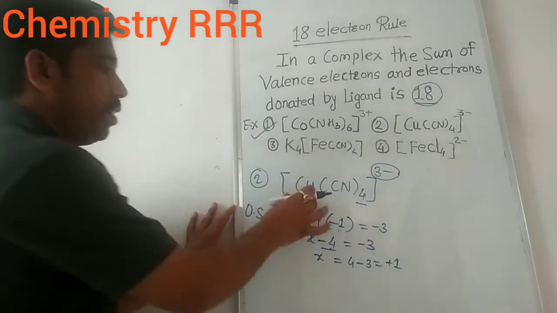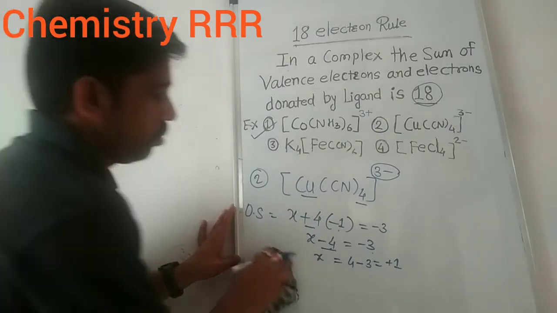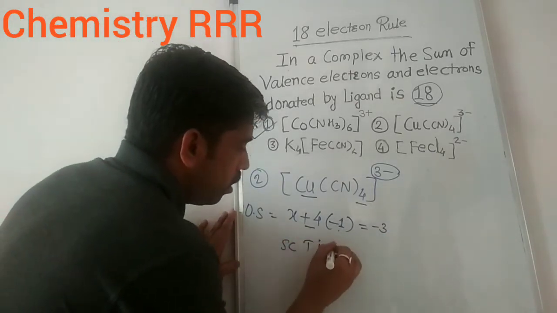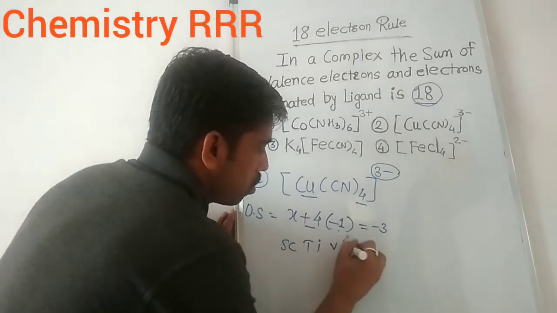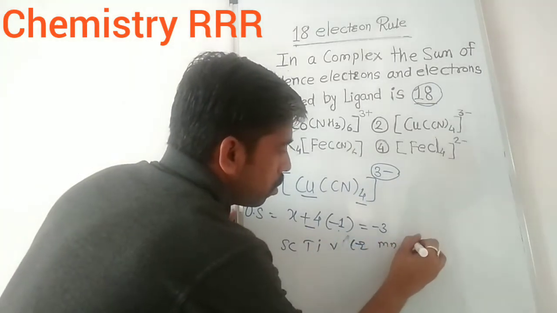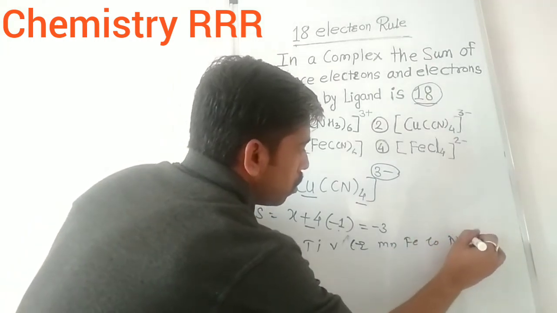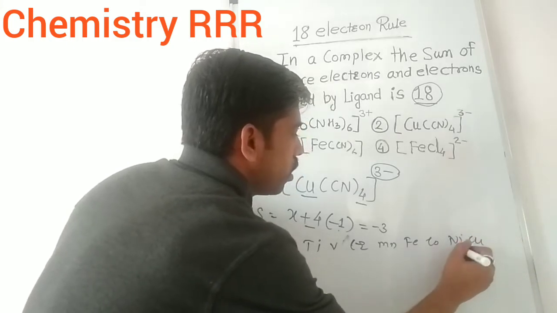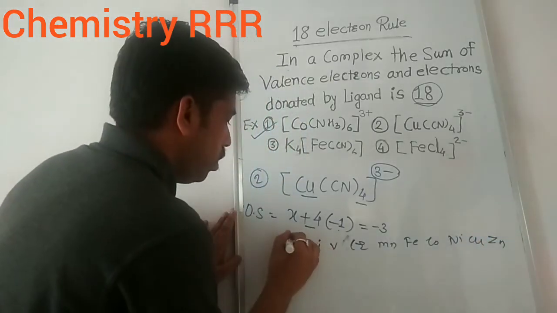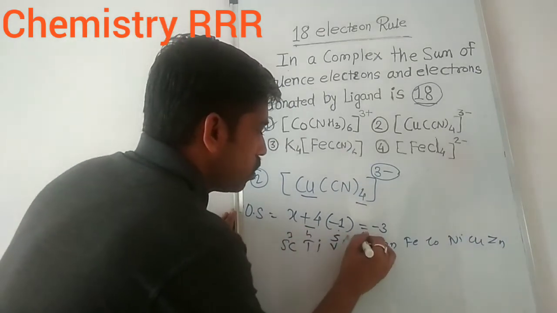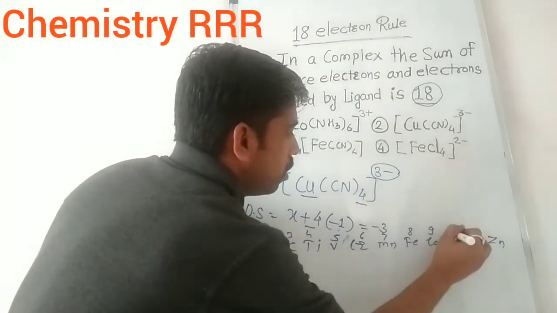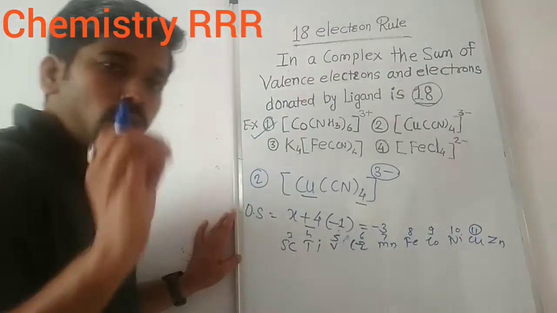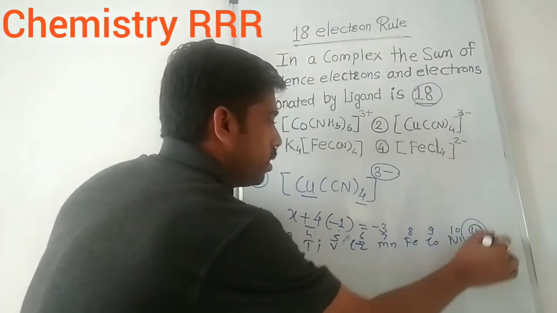Now, in this complex, copper is present in the plus 1 oxidation state, and you know the valence electrons present in copper. You know our trick: Nickel, Copper, Zinc. Counting 3, 4, 5, 6, 7, 8, 9, 10, 11, that is 11 valence electrons present in copper in the zero oxidation state, by using our previous chart.